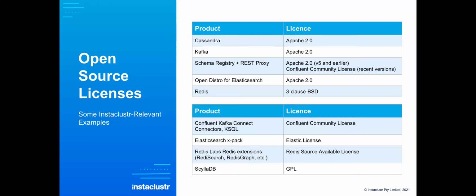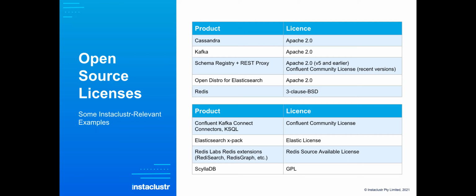The Kafka Schema Registry and REST Proxy is an interesting case, where it was originally open sourced by Confluent under the Apache 2 license, and then they moved it to the Confluent Community License. Open Distro for Elasticsearch is a distro of Elasticsearch maintained primarily by AWS, that uses the Apache 2 license, and they just provide the Apache 2 functionality out of the core of Elasticsearch.